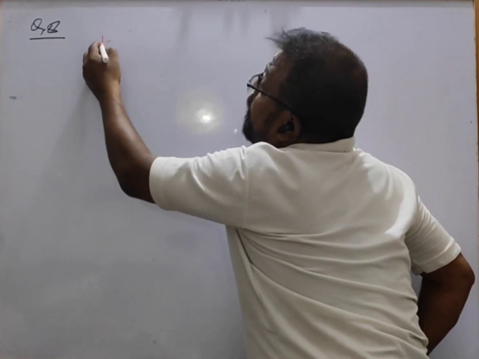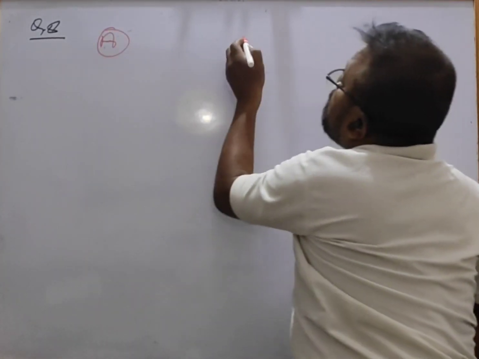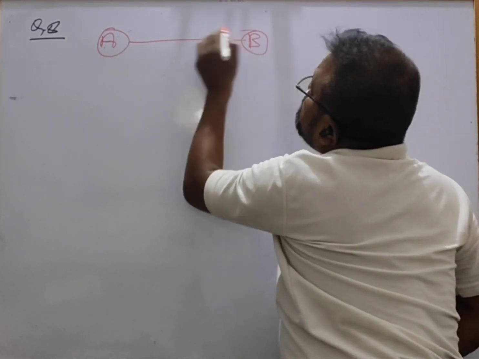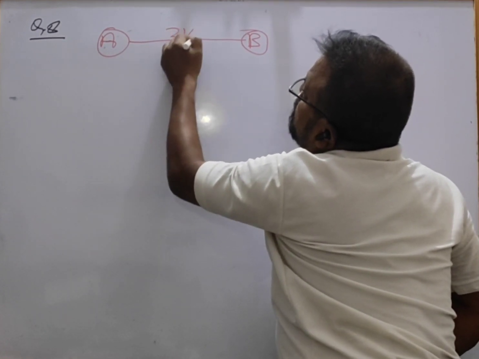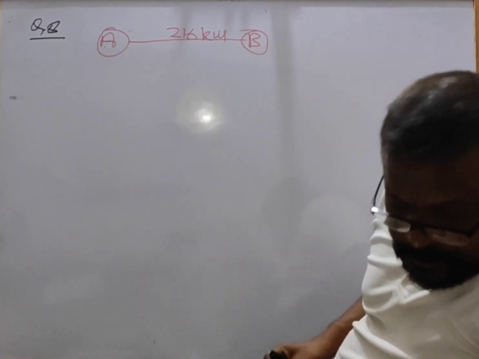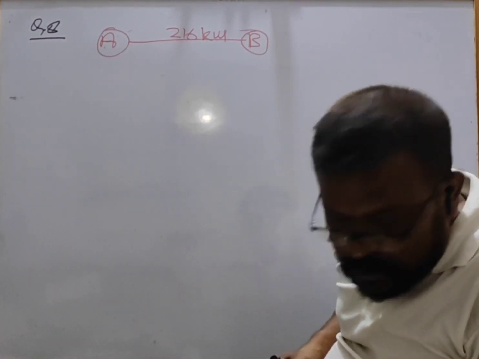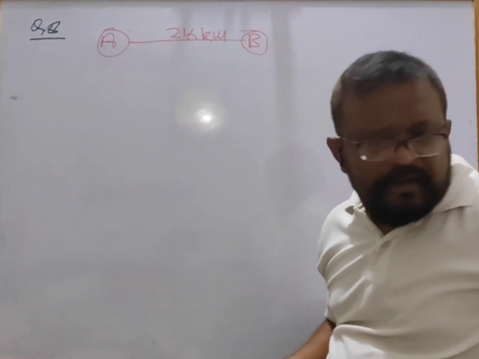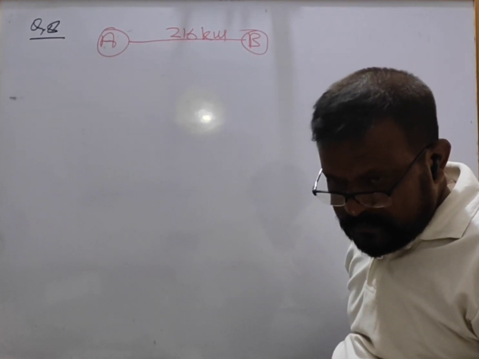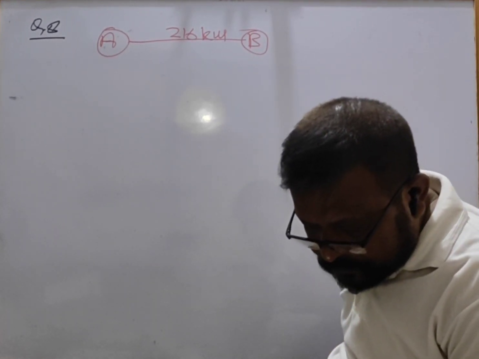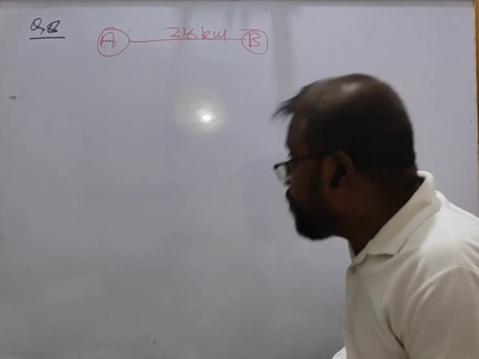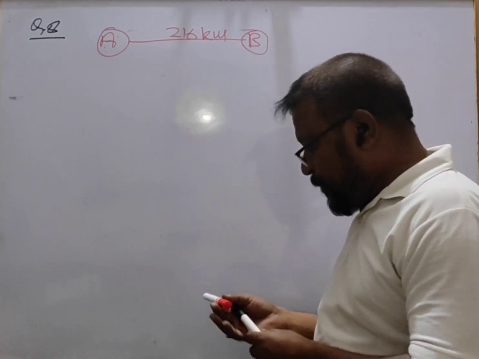One town is A, another town is B, and the distance between them is 216 kilometers, right? 216 kilometers is the distance between the two towns by road. And by rail, it is 208. Oh, that's very tricky.